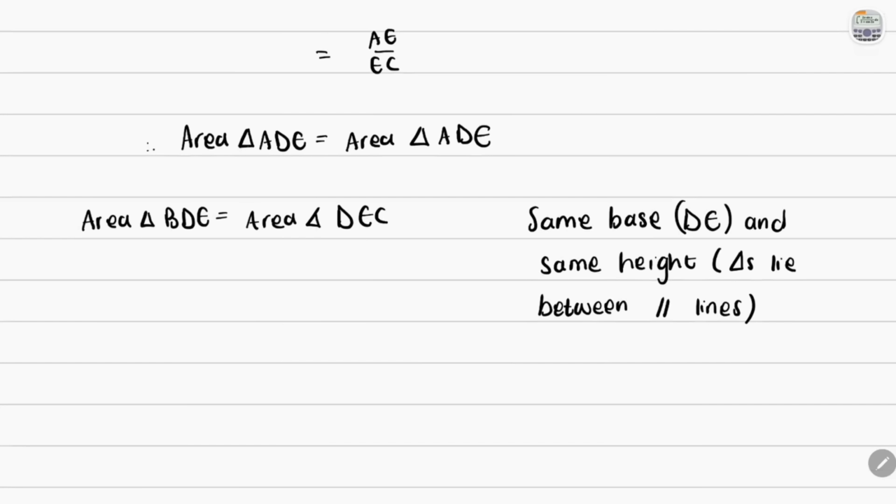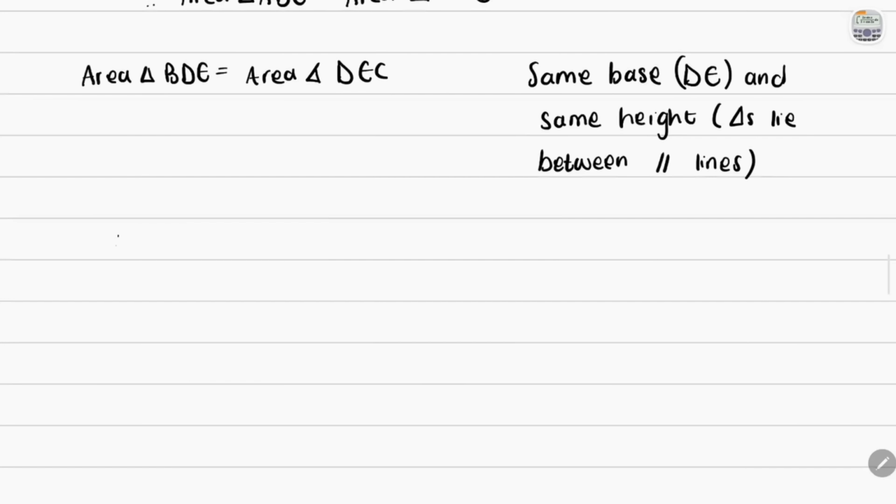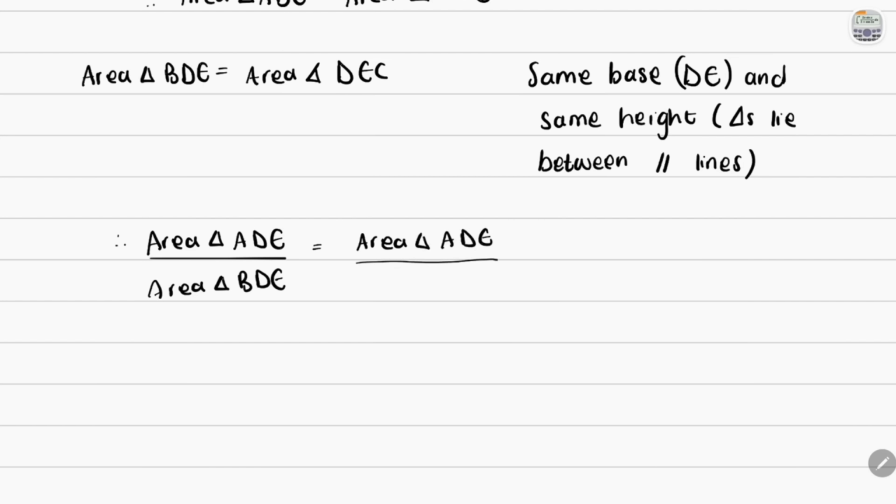And now because we were able to conclude that they were equal, we can therefore say that the area of triangle ADE over the area of triangle BDE is equal to the area of triangle ADE over the area of triangle DEC.